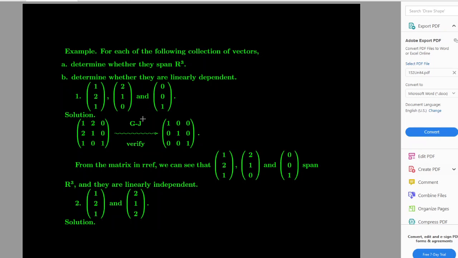You do not have to use that notation. In the future, you need to show your work on how to perform row operations. I'm trying to save time. This is the case that every column has a leading one. So the three vectors are linearly independent.